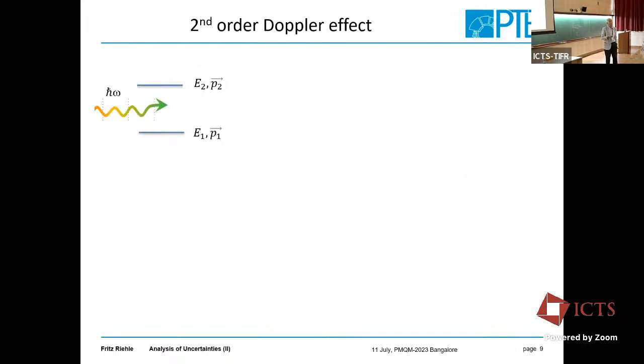But there is a nasty beast called the second order Doppler effect. For simplicity, look at a two-level atom where a photon is absorbed and puts the ground state atom with energy E1 and momentum P1 into the excited state.